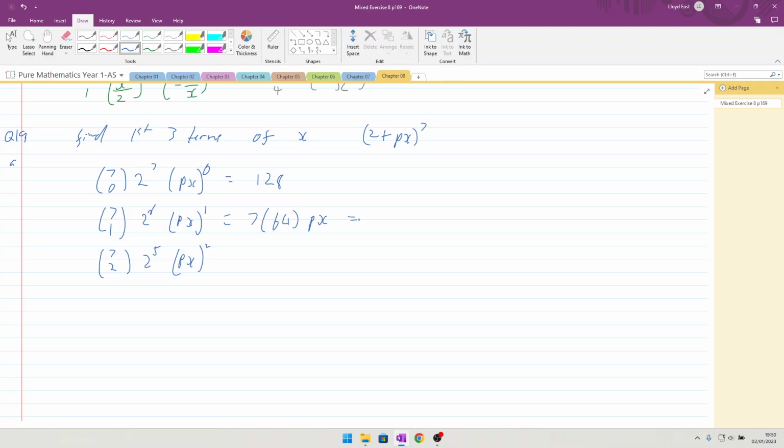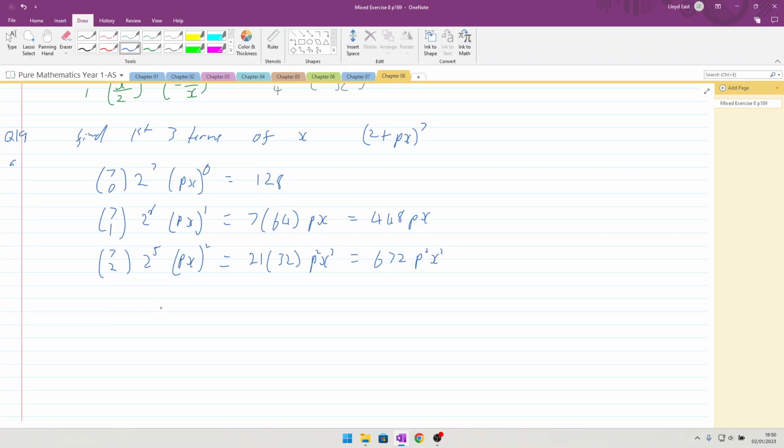Px, which is 448px. And then finally, we have 7C2, which gives us 21, times 2 to the power 5, which should be 32, times px, and both of them are squared. 21 times 32 is 672 p squared x squared.